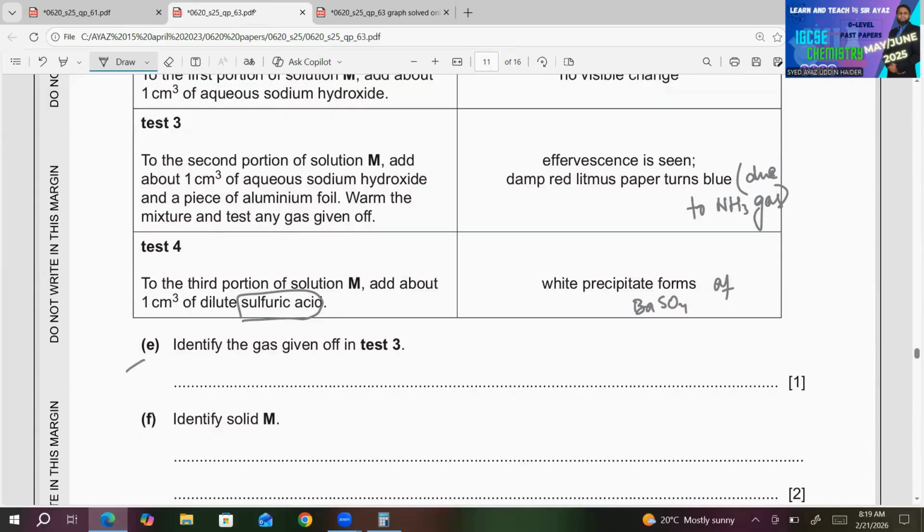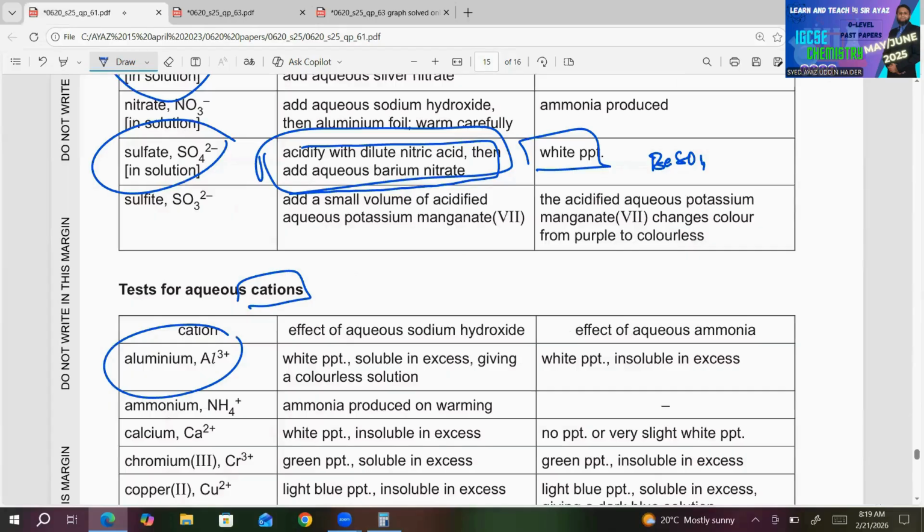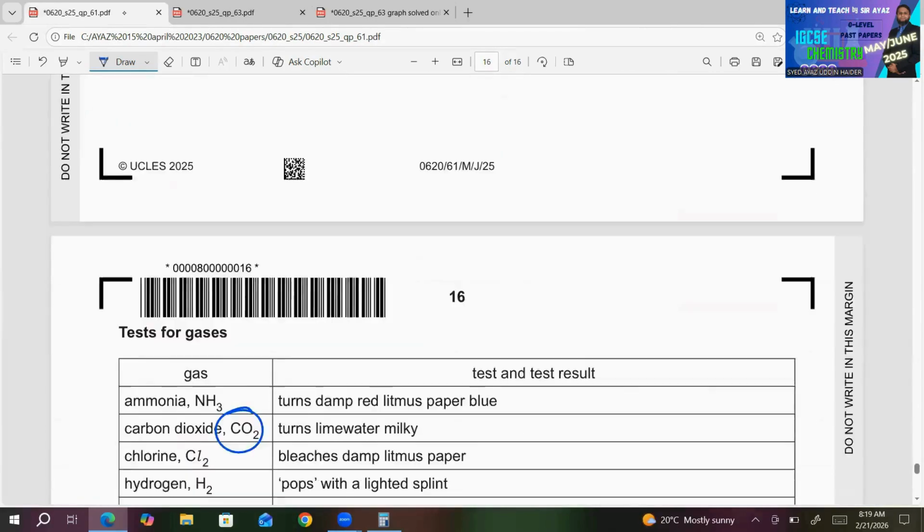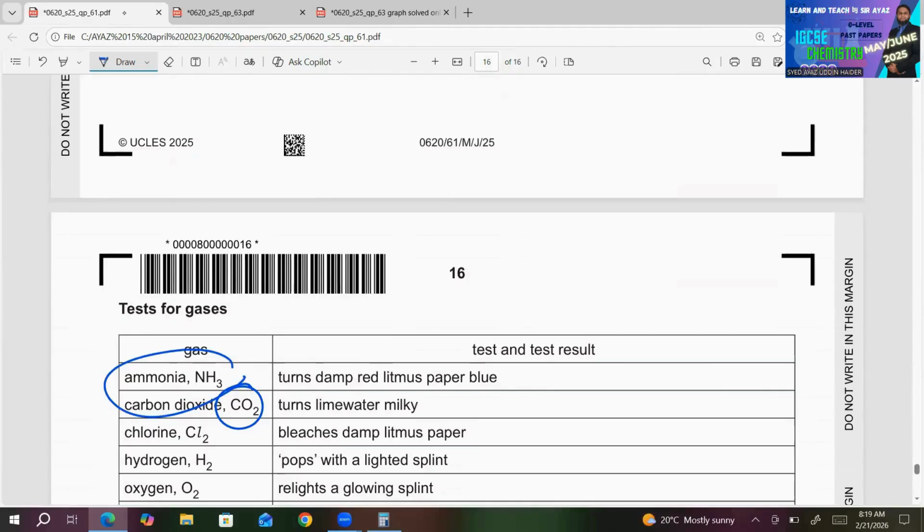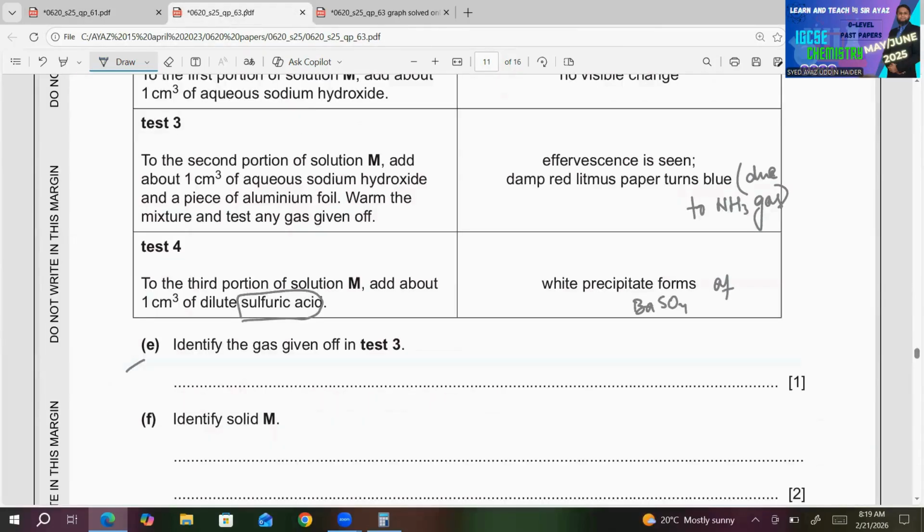So part E, identify the gas given off in test 3. So in test 3, the gas given off must be ammonia. If you look at the test for ammonia gas, turning damp red litmus paper blue. So the gas here, it must be ammonia. Ammonia or NH3.